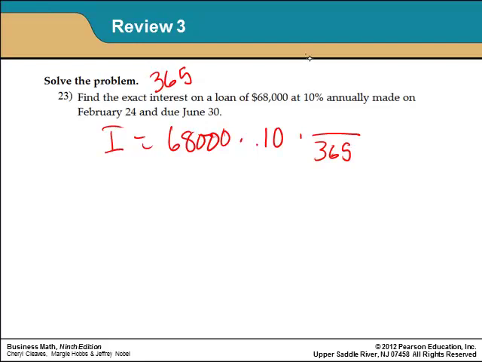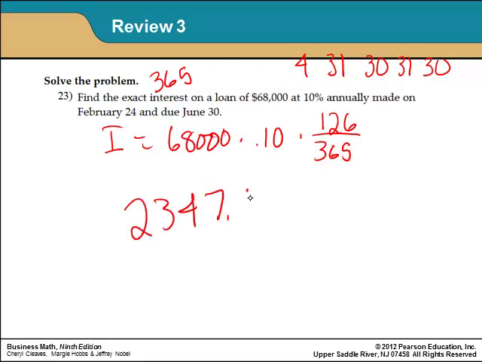So there are 4 more days left in February, plus 31 days in March, plus 30 in April, plus 31 in May, plus 30 in June. That adds up to 126 out of 365. So 68,000 times 0.1 times 126 divided by 365 gives us $2,347.40. I rounded the cents there.